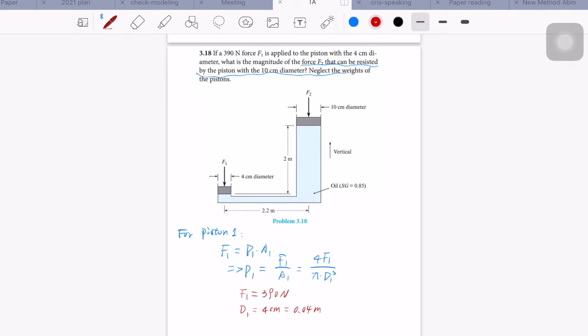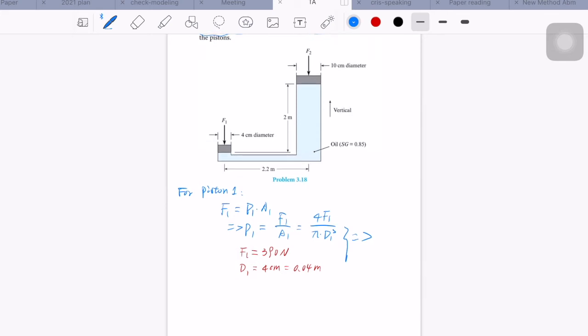So now we can determine that the P1 should be equal to 310,352 Pascal.